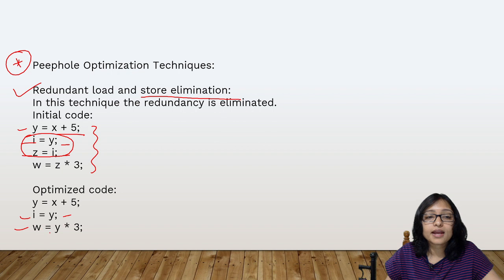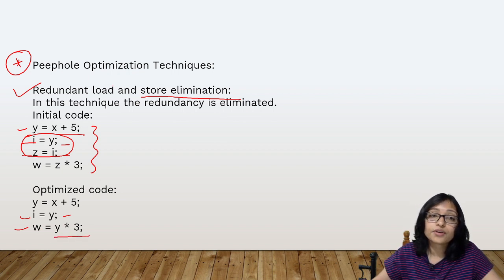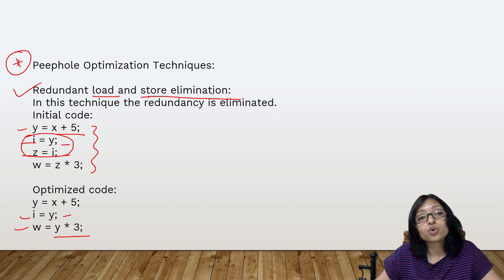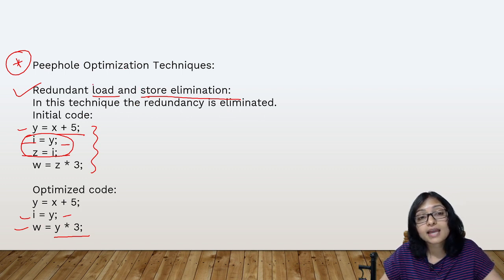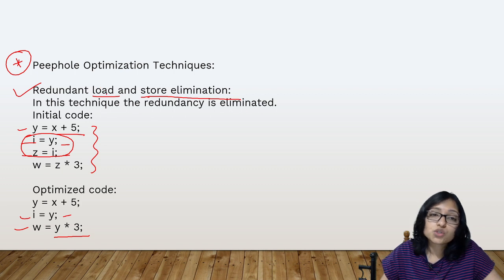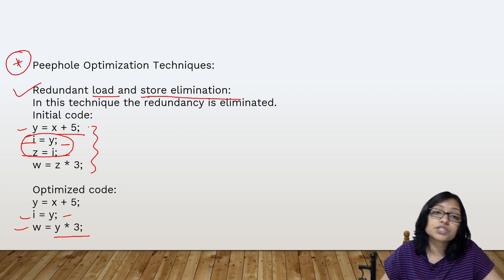After that I can write w equals y star 3. This is called redundant load and store elimination. Some unnecessary variables, some unnecessary steps you are doing, that we can remove. They give this type of example and after that they ask which type of optimization it is.